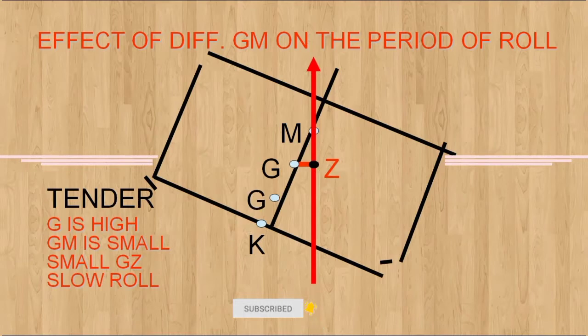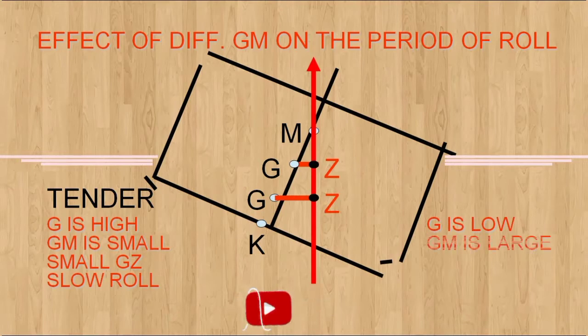But if we have the center of gravity located near the base of the keel, or we have a small KG, or the center of gravity is located on the low side, we will also have a large GM.